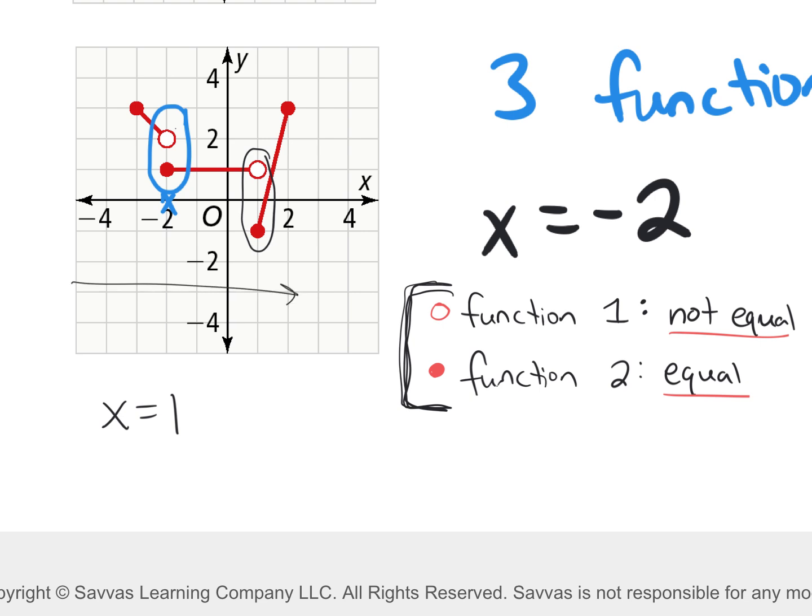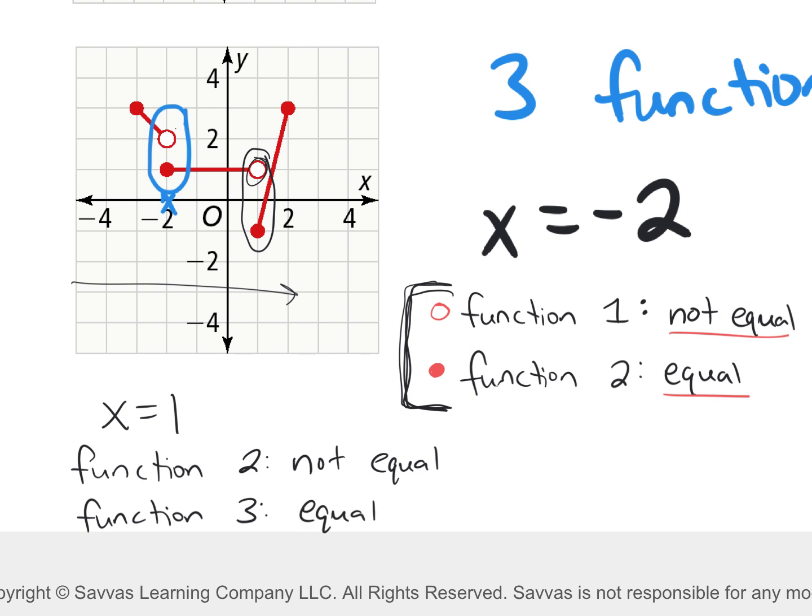It's on 2 and 3. What can you tell me about x equals 1 on function 2? It is open, so that means not equal. What about function 3? It's closed. Yep, we have an open circle here, closed here. That is it for today.